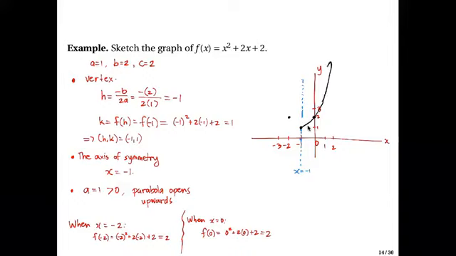This is the left side, and this is the right side. So this will be a sketch of the graph of the parabola. This is your f of x equals x squared plus 2x plus 2. So we have the sketch.